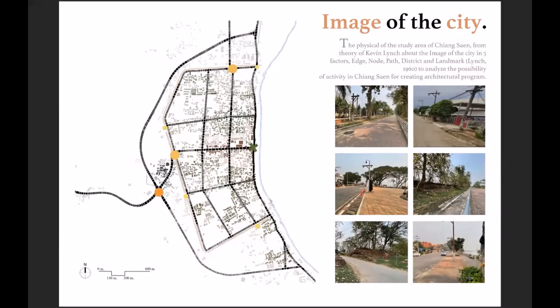The image of the city is the physical aspect of the study area of Chiang Saen, from the theory of Kevin Lynch about the image of the city, in 5 factors: edge, node, path, district, and landmark, to analyze the possibility of activity in Chiang Saen to create an architectural program.